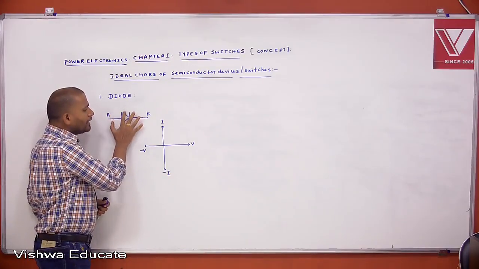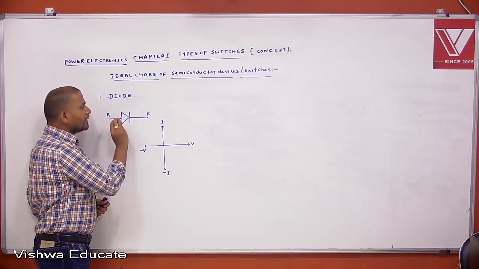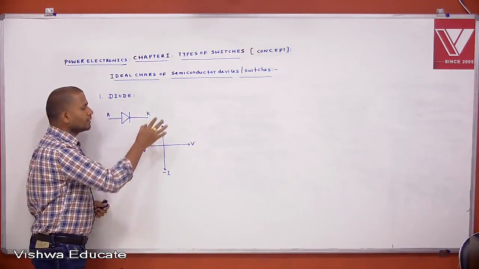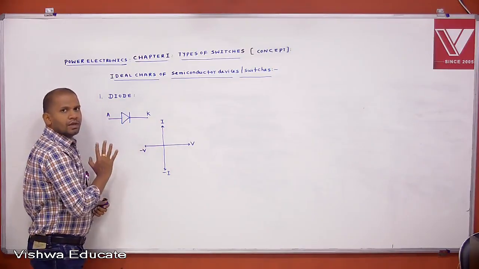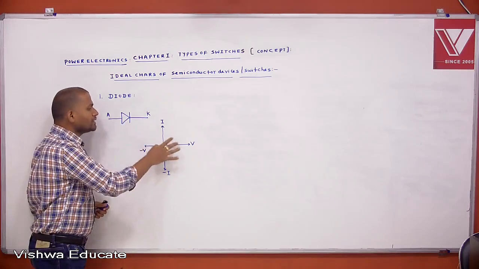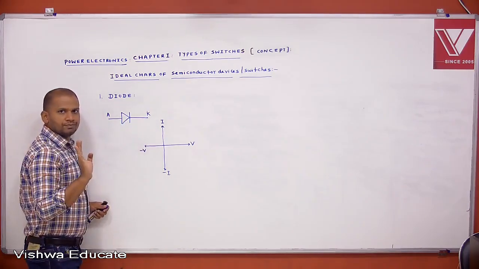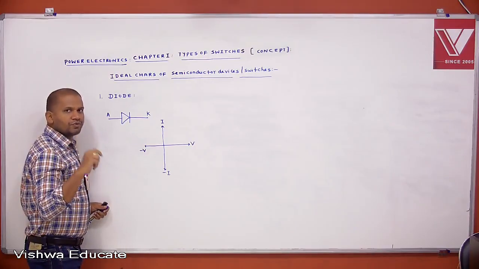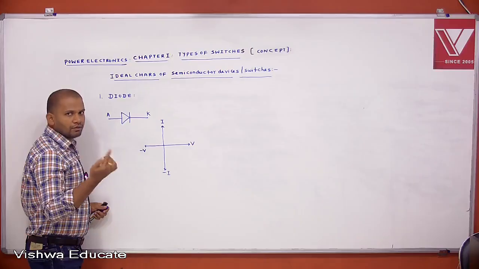Here you are drawing the ideal characteristics. That means if the device is in on state, what are the observations? Represent those observations. If the device is in off state, what are the observations? Represent those observations. Here we are drawing the characteristics of a switch. A switch is nothing but an on and off state.